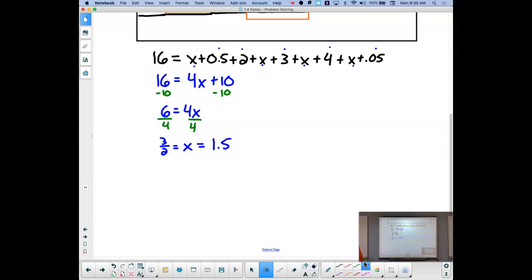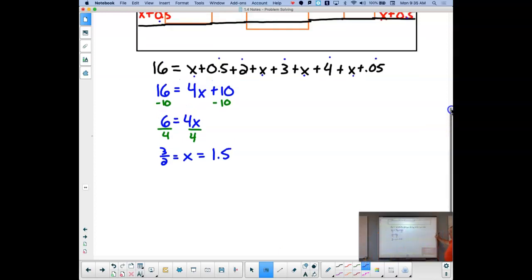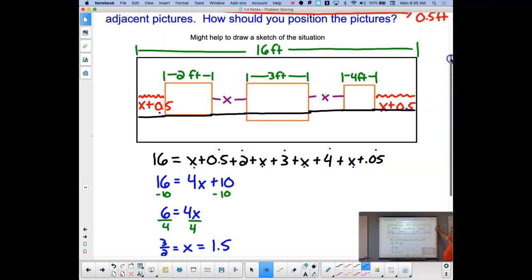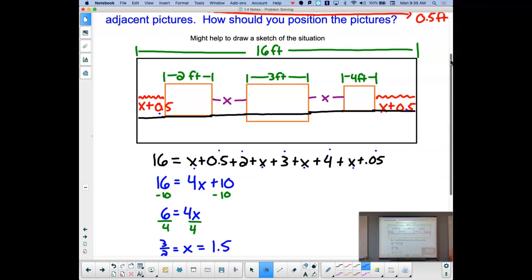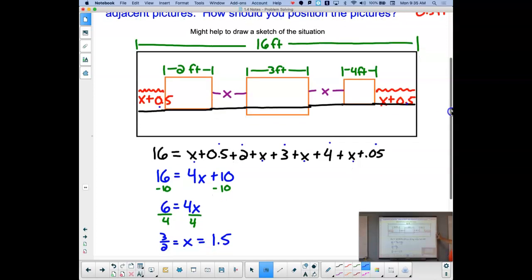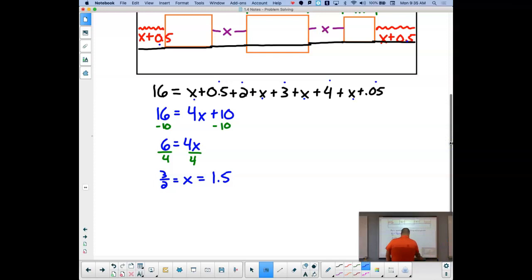Okay? Because we're dealing with feet, x then is going to be 1.5 feet. Okay? Now the question was, how should we position the pictures? So we would position the pictures so that they have 1.5 feet between them.